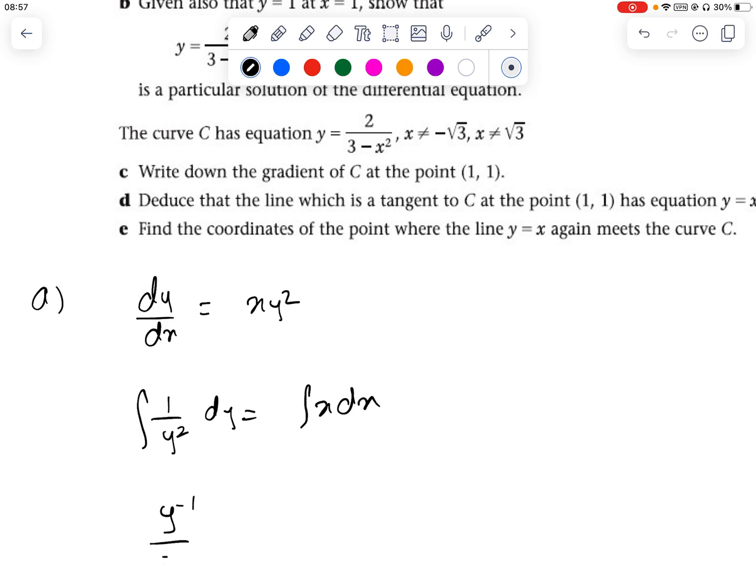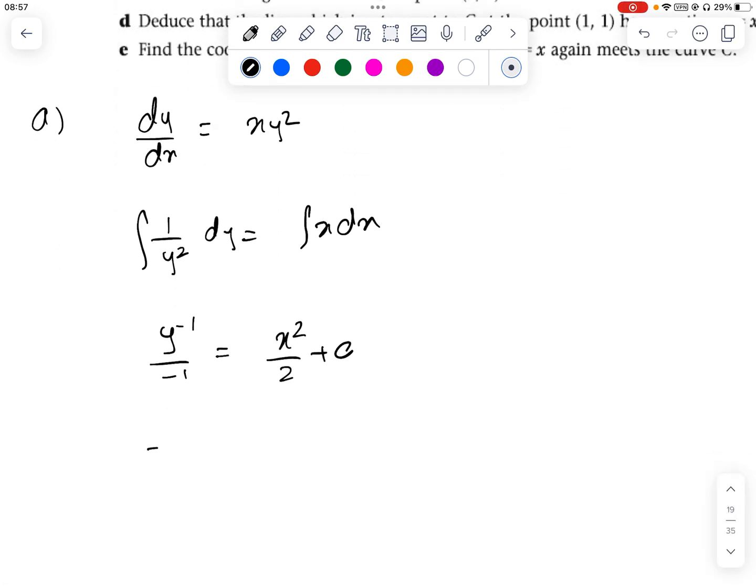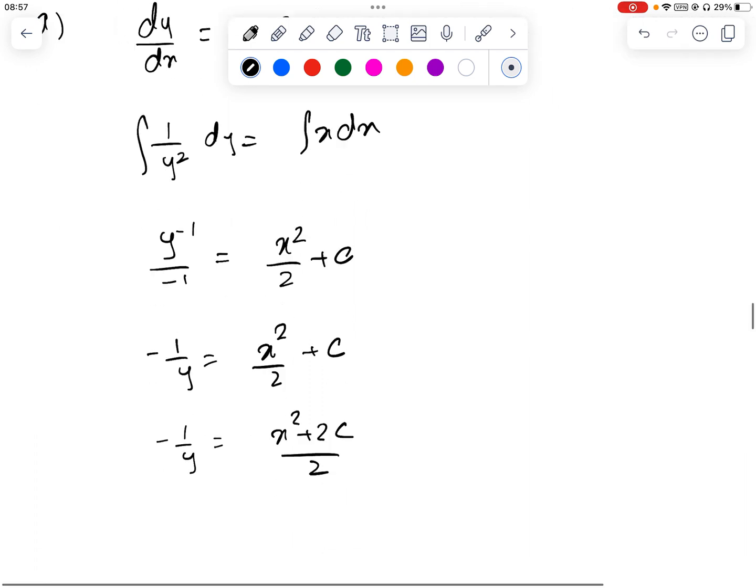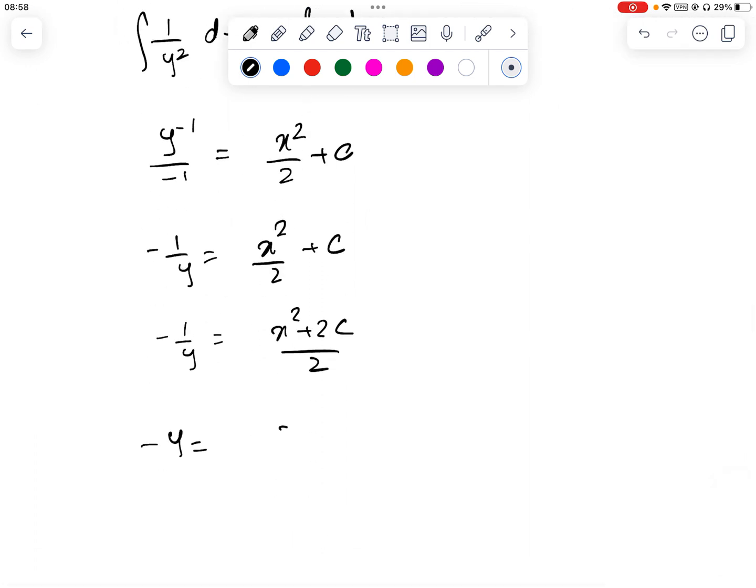Y power negative 1 upon negative 1 equals x square upon 2 plus c. So minus 1 upon y equals x square upon 2 plus c. So negative 1 upon y equals x square plus 2c upon 2. So negative y equals 2 upon x square plus 2c, where 2c is another constant k. So y equals negative 2 upon x square plus k.